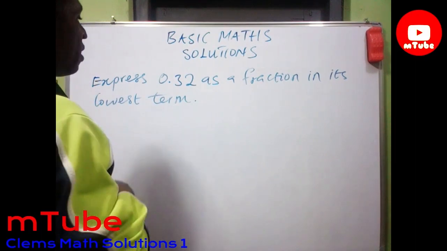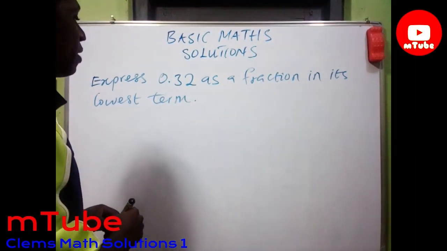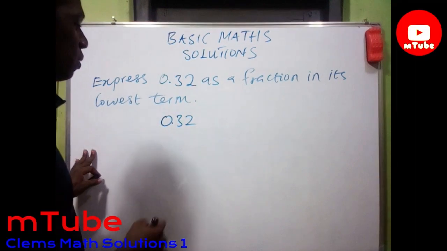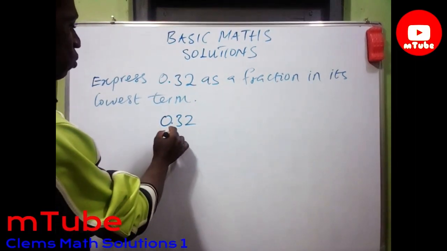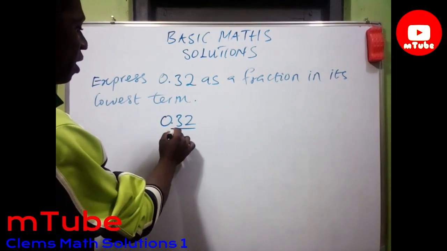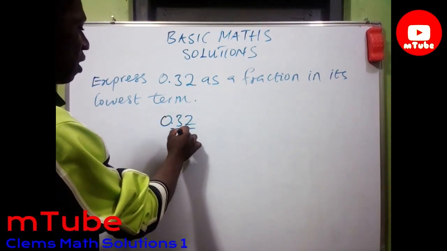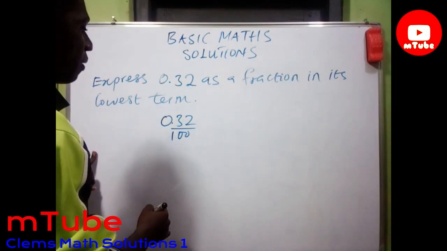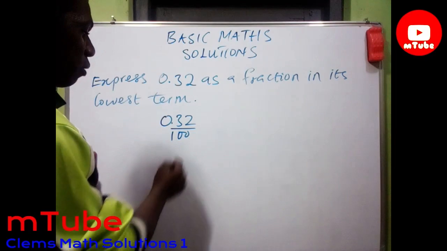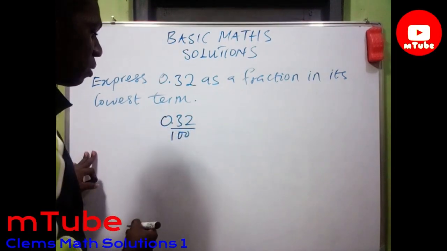Now, in teaching this problem, some are of the opinion that you should tell the child to just draw a line like this, and then write one under the point and zeros under the other numbers, under the decimal fractions, and then start reducing to the lowest term.